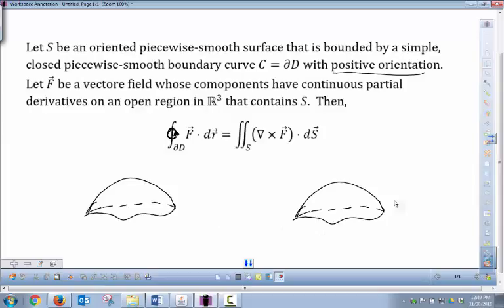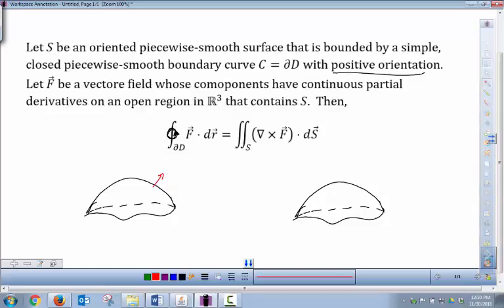So another perspective would be to take a look at a surface with, in this case, an upward orientation.